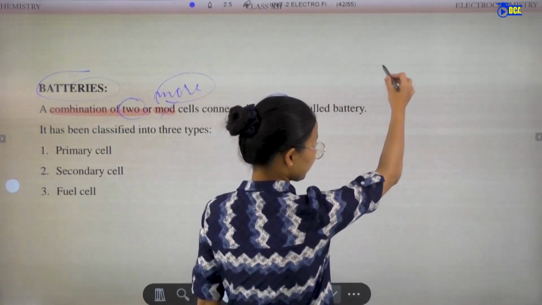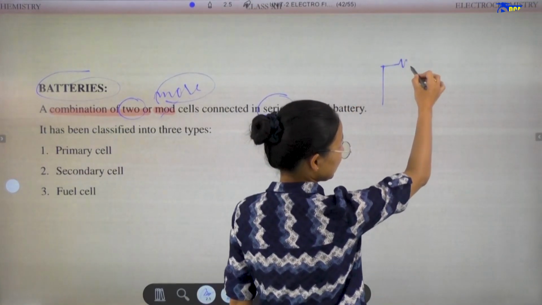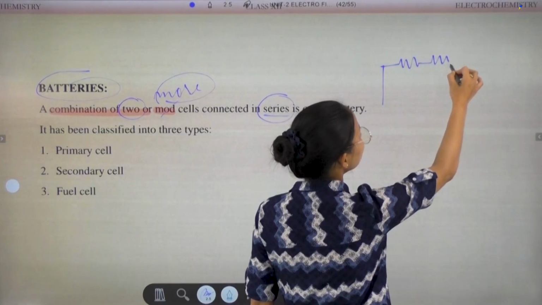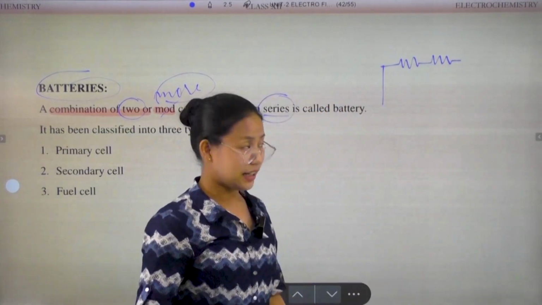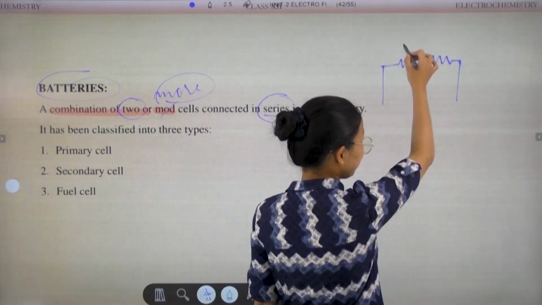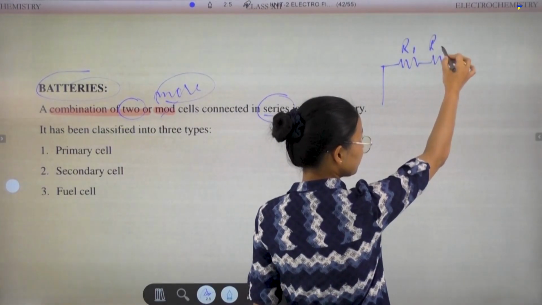So let's see here. If we say resistances are connected in series, it is R1, R2.